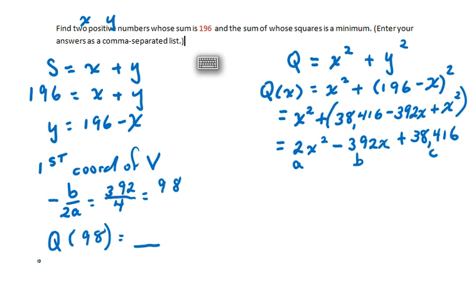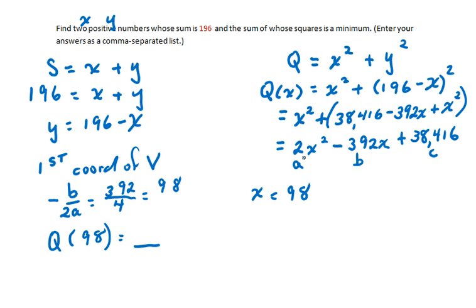But what we have determined is that the x coordinate of the vertex, the value that minimizes the sum of the squares, is x equals 98.